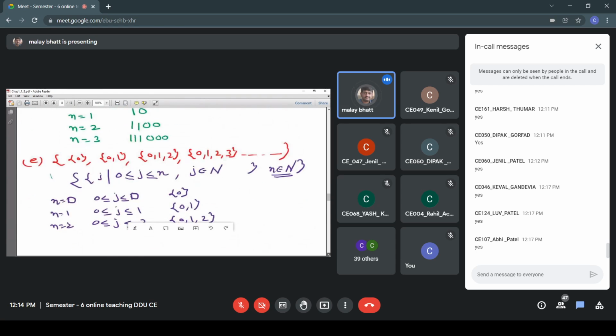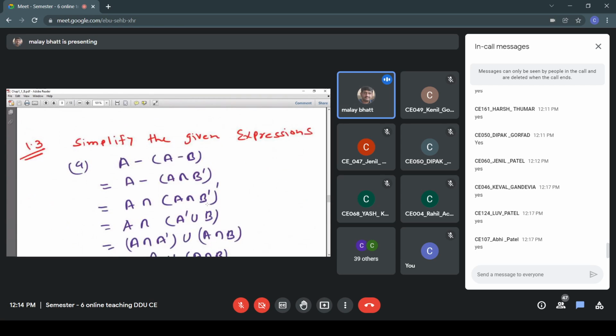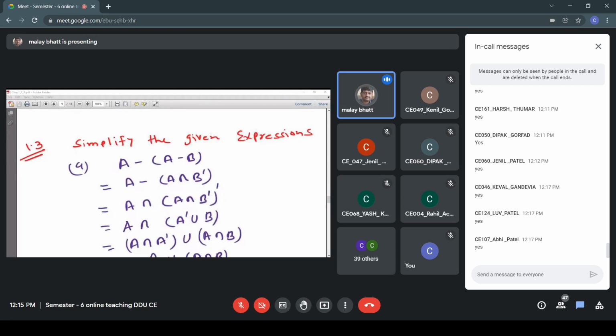E is already covered. F and the others you have to try on your own. If you do whatever exercise we are discussing, it is sufficient for your college examination, and it will also be helpful in the GATE examination. The exercises are selected in such a way that they help in both GATE and the college examination.